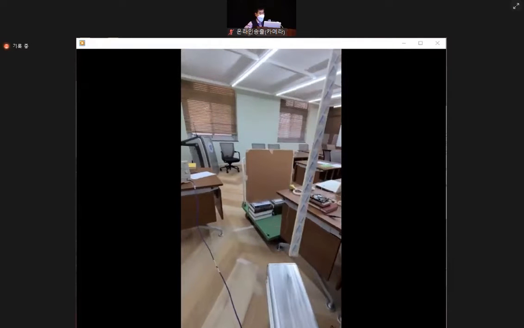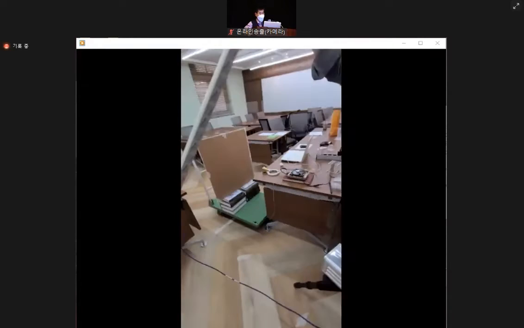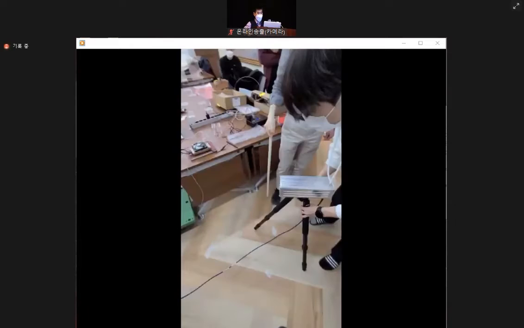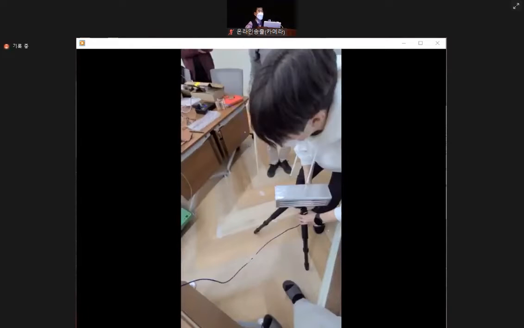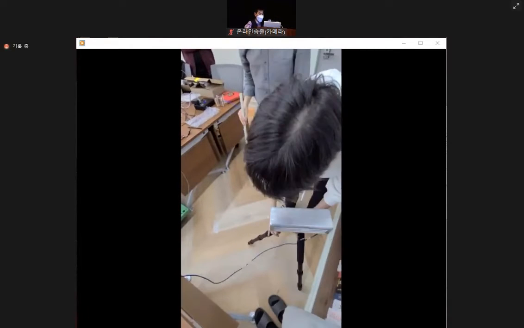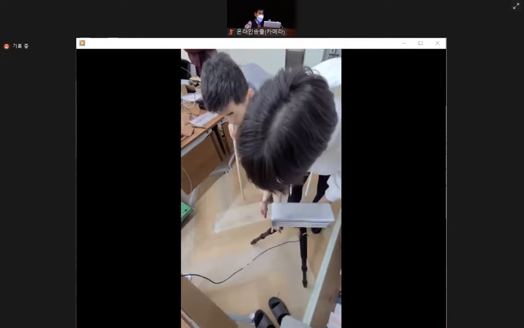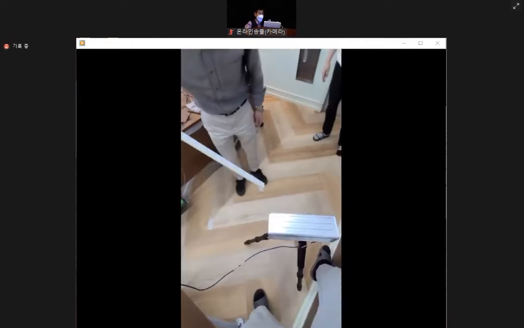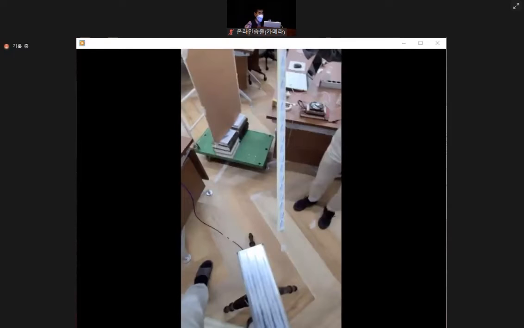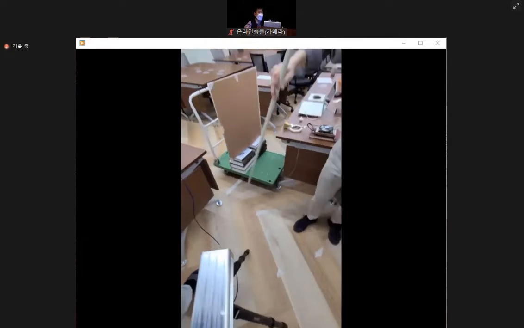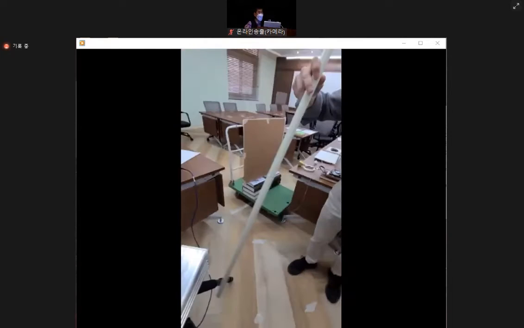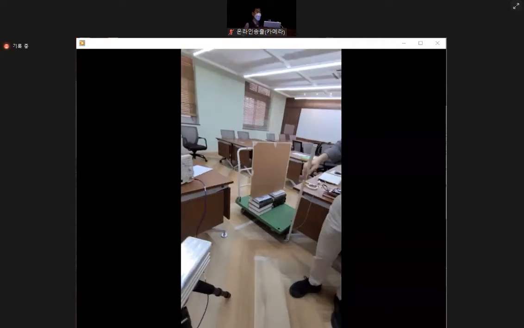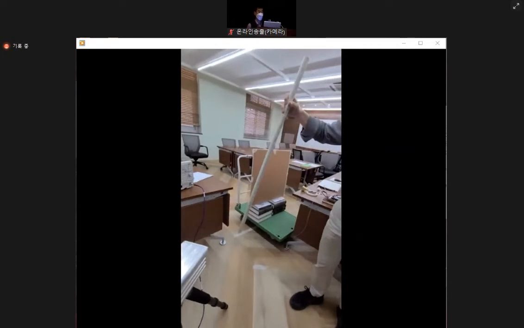Now we will change this probe to a higher degree of angle. My research assistant has moved the angular position from 41 or 45 degrees toward, say for example, around 60 degrees or 70 degrees.